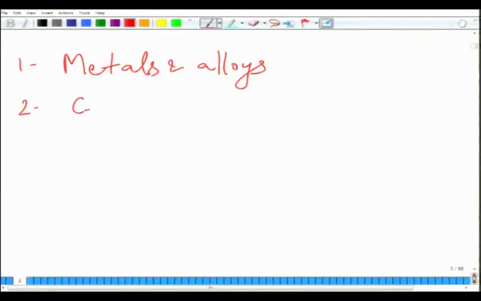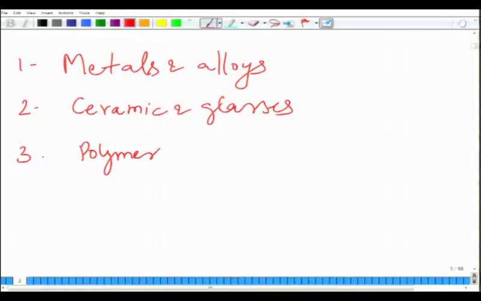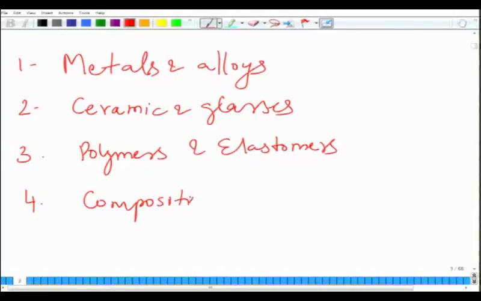Second was ceramics and glasses. Third category was polymers and elastomers, and fourth category was composites.